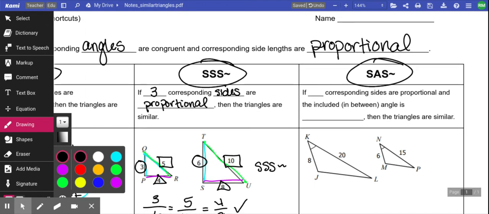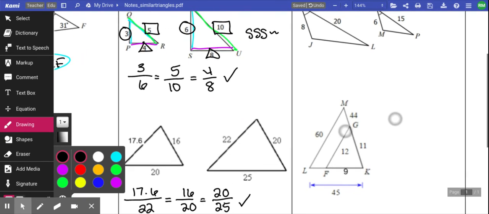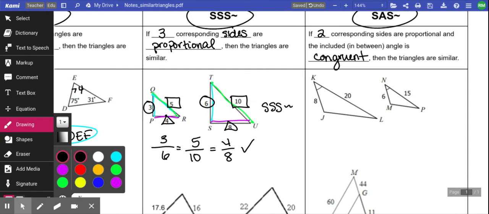Okay, and last one, side, angle, side. So you need two corresponding sides that are proportional, and the included angle is congruent. Then the triangles are similar. So let's look at this. KJ matches up with NM, and KL matches up with NP.